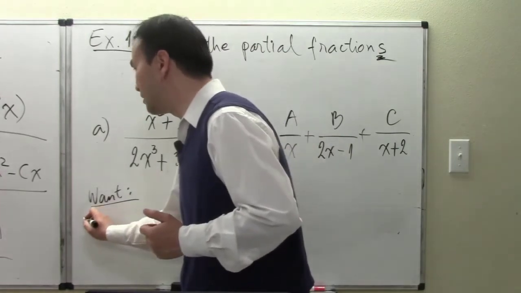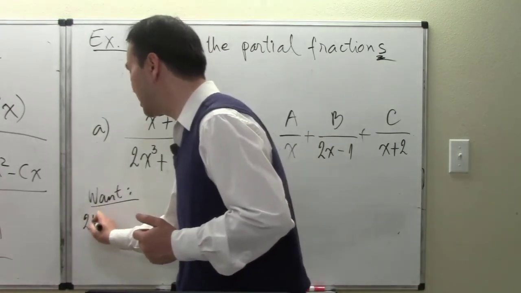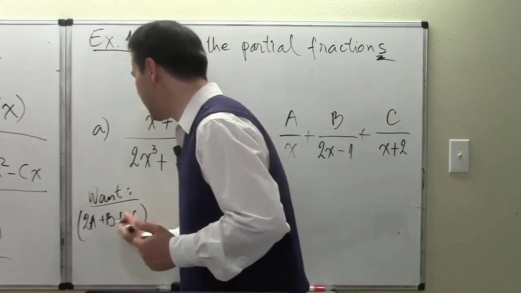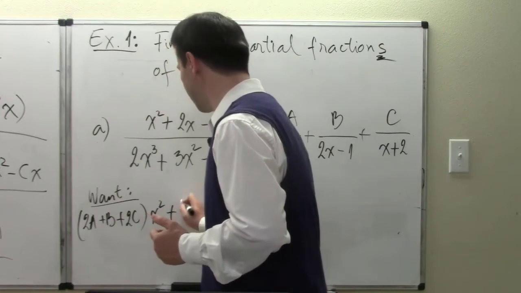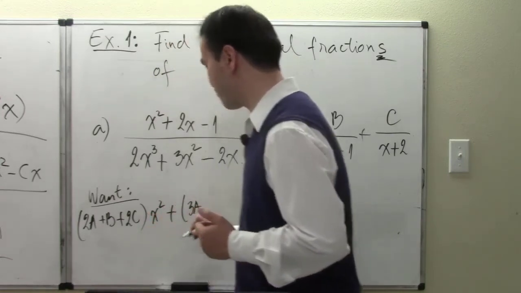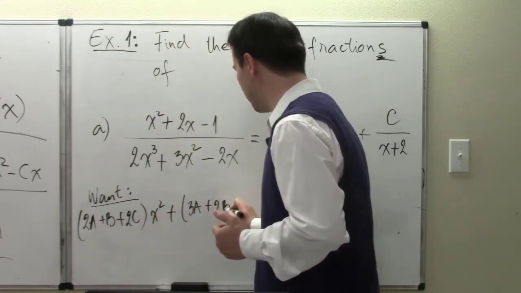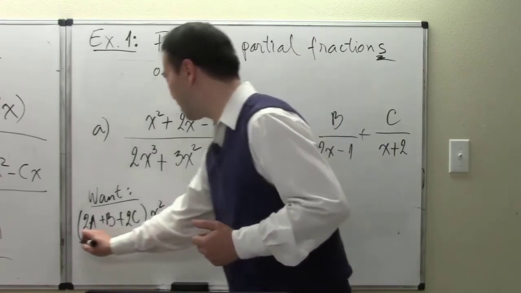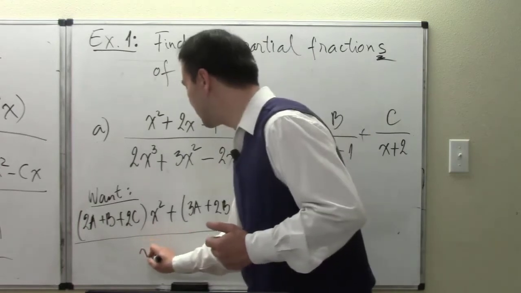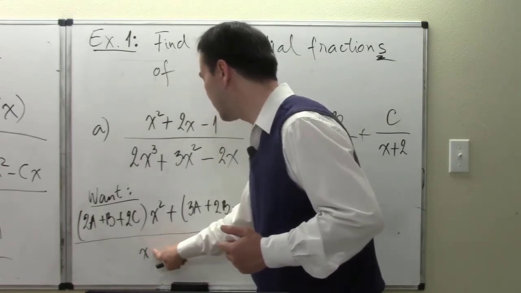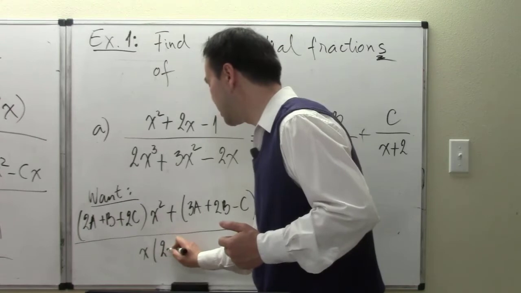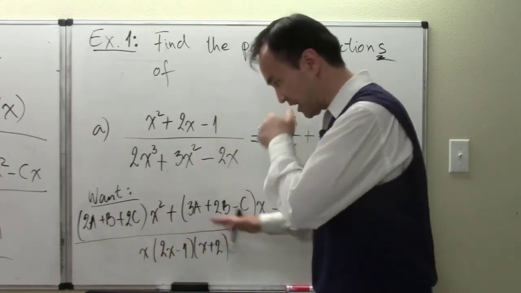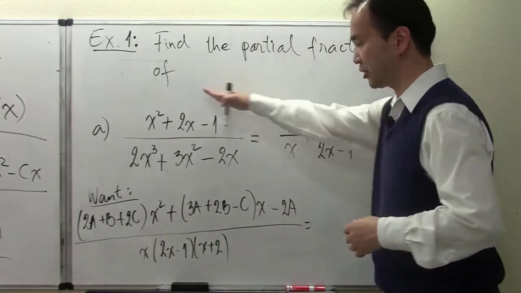I want all of this, (2a plus b plus 2c) x squared plus (3a plus 2b minus c) x minus 2a, all over x times (2x minus 1) times (x plus 2), to equal my starting function right here.